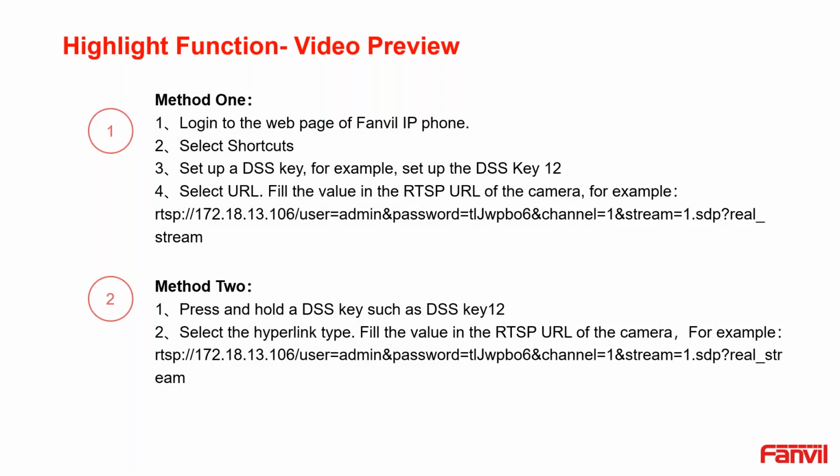And here is the video preview operation. You can use the web page to define a DSS key with the RTSP URL, and you can also operate the DSS key directly and interact and input via the LCD screen.